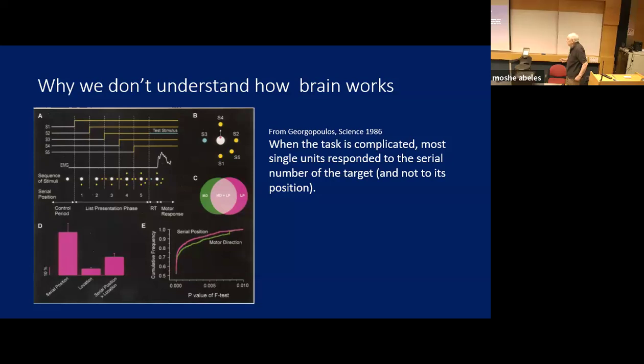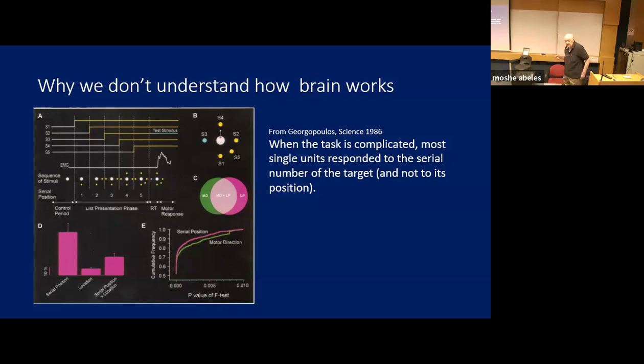And then target 3, target 4, and target 5. And then one of the targets, in this case 2, changes color to blue here. And the monkey has to press the target that was the one after this one. So after target 2 was target 3, or this target was this target, and the monkey moves in this direction.